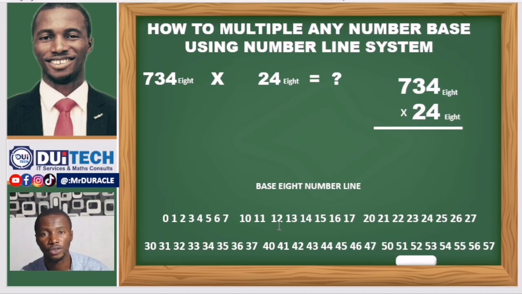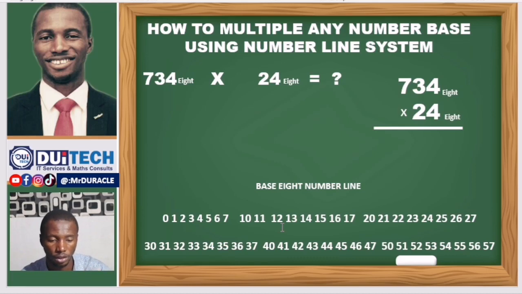So we are counting with just these 8 symbols. Once we get to 7, we will not mention 8, we will not mention 9. We will just jump straight to 10, because anything that carries 8, 9 is not part of the counting system. So we'll avoid them all through, because this is counting under base 8.